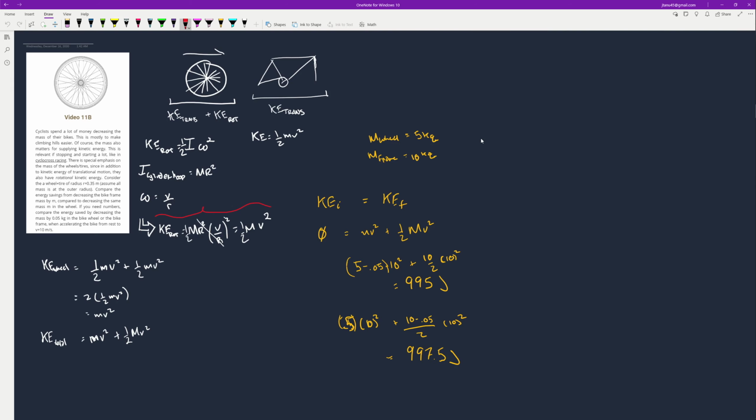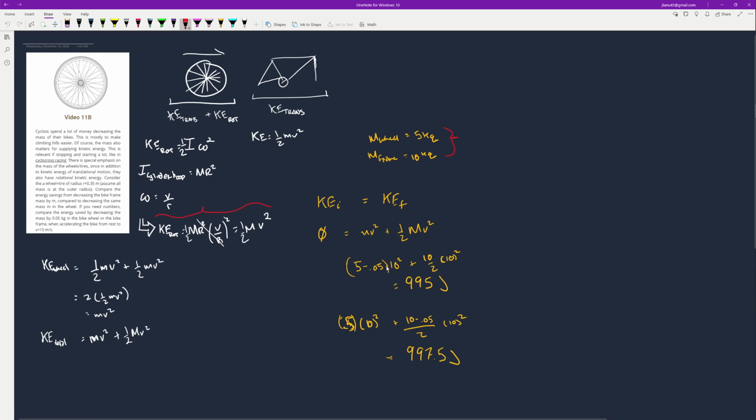Since there's no outside force acting on the system, all we need to look at is that the initial kinetic energy is equal to the final kinetic energy. Since the bike is at rest, the initial kinetic energy is just 0, so what we really want to focus on is the final. Here I've plugged arbitrary values into our equation.